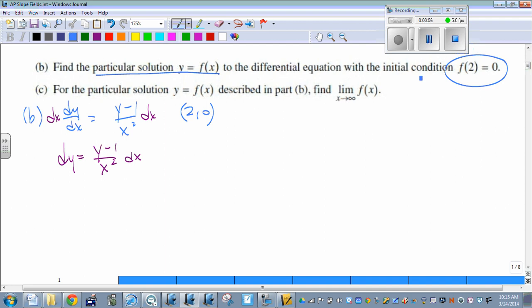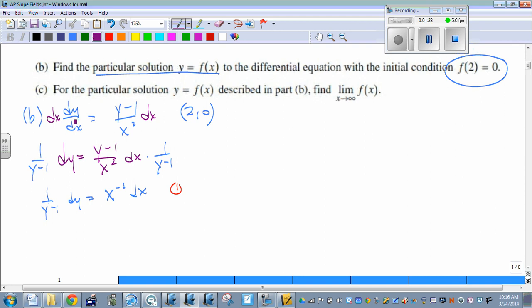What can we do? Multiply by the reciprocal, 1 over y minus 1. Now we've separated these variables. That's 1 point right there. I'm just going to write this instead of 1 over x squared, I'm going to write it as x to the negative second dx. So right there, we have 1 point by separating the variables, and you can see that on the rubric that I gave you.